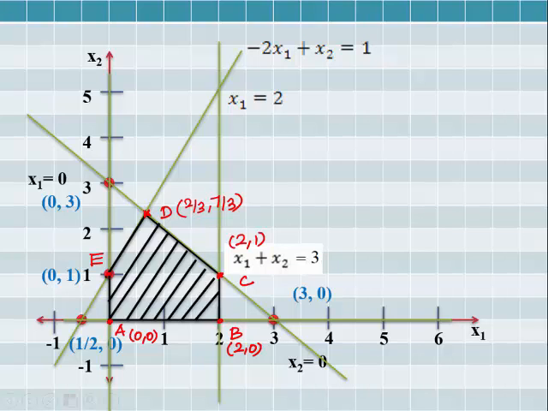Now check the solution for these vertex points for the objective function. Vertex, value of Z. So 5 vertices are there.